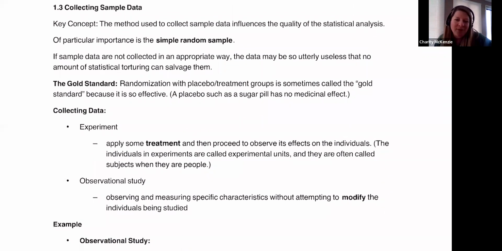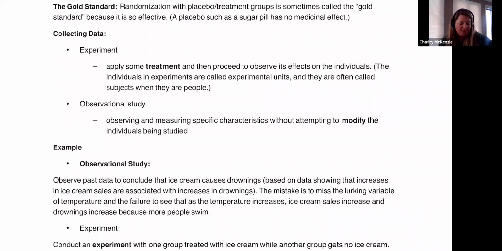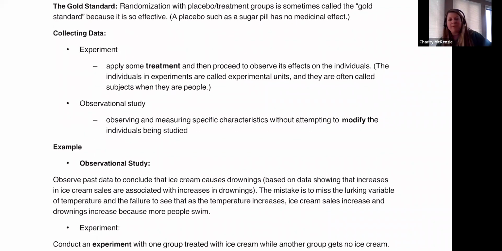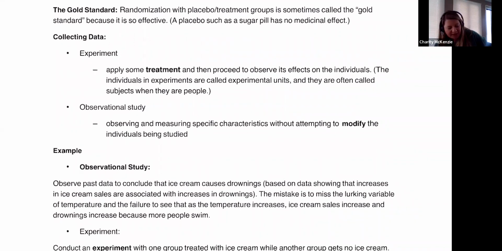But we always are referring back to random. We want our data to be collected randomly, the best way we can. So we have two types of collecting data. It's either an experiment or an observation. Experiment, you're actually giving them a treatment. You're doing something to them, and then you're writing down your results. Observational study, you're doing nothing to them.